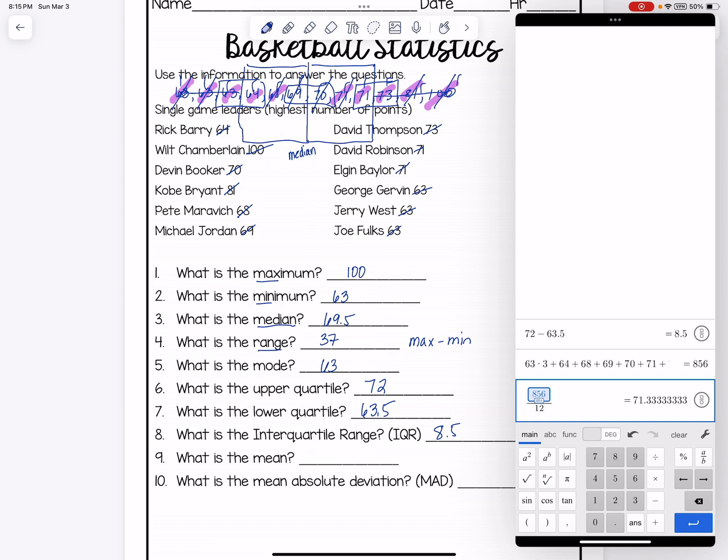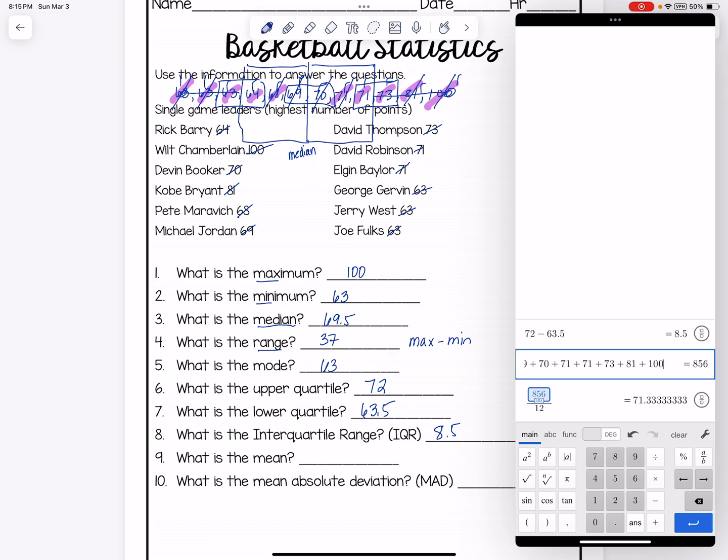71.3. Okay, I sort of want to double check that and just make sure we're good with this. So 63 times 3, okay, order of operations should be good with that. So we still have the same thing. Plus 64, plus 68, 69, 70, 71.